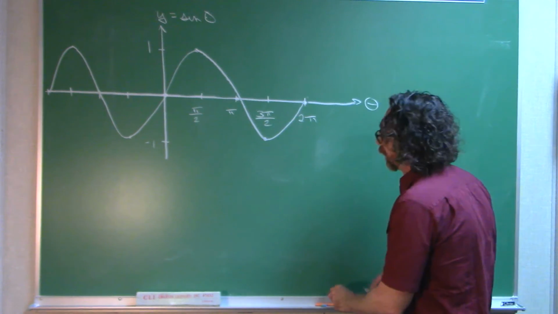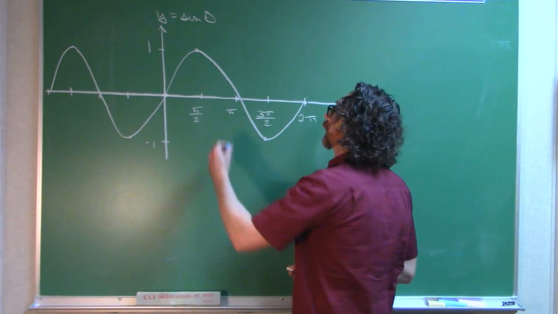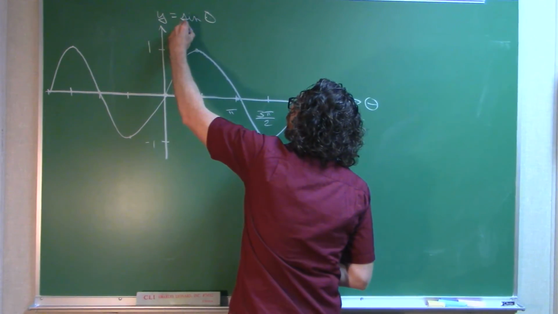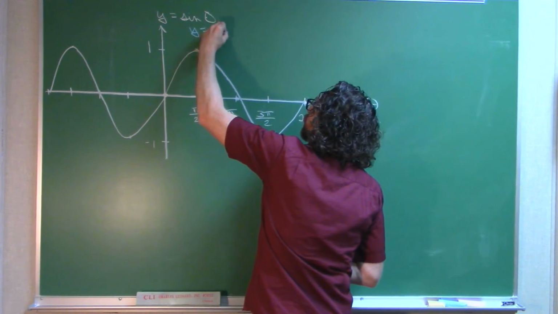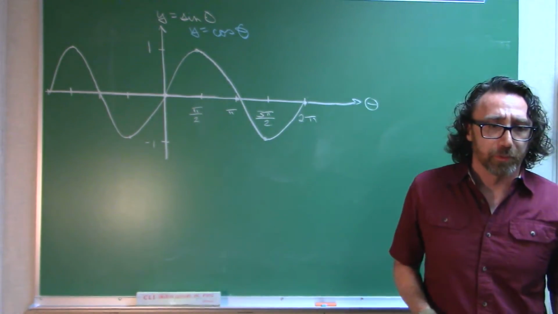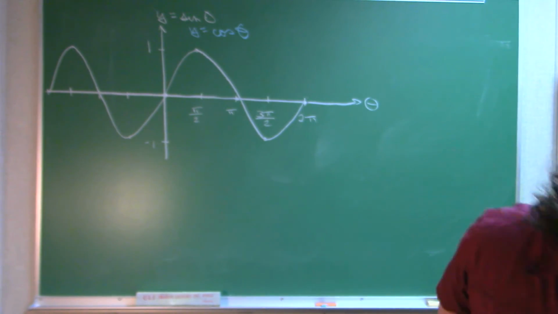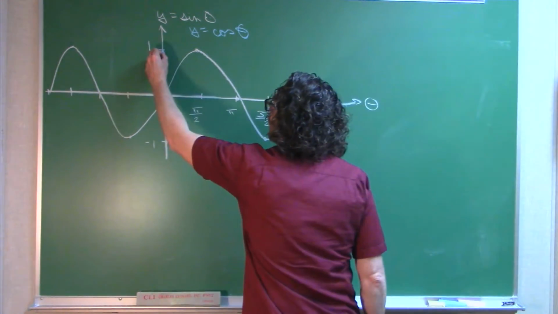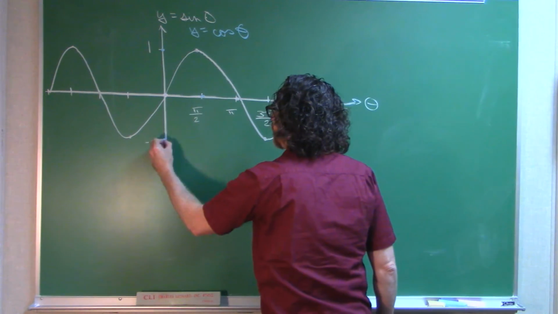Okay, now, I want you to notice something about the graphs of sine theta and cosine theta. So sine theta is in the white. I'm going to redraw the picture of cosine theta, but I'm going to use blue. Is that coming up? Yeah, you can kind of see the difference. Okay, so cosine theta is over here.